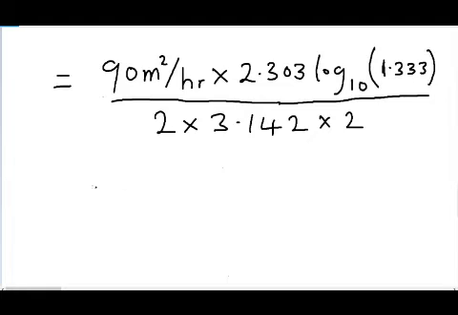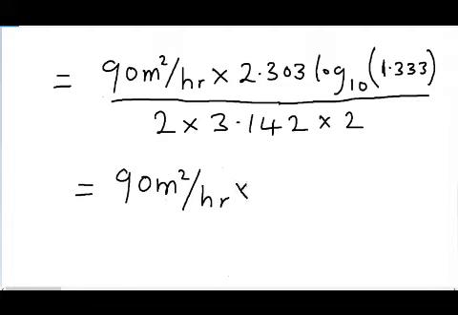So we have 90 square meters per hour times 2.303 times 0.1249.